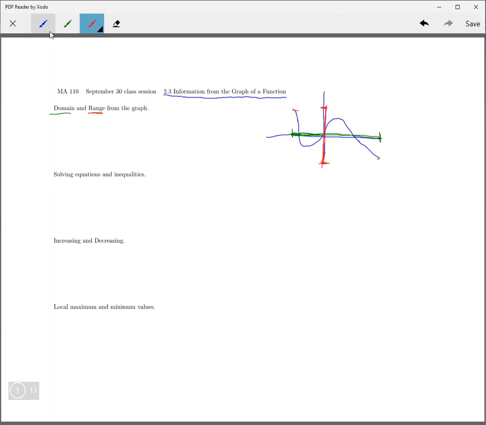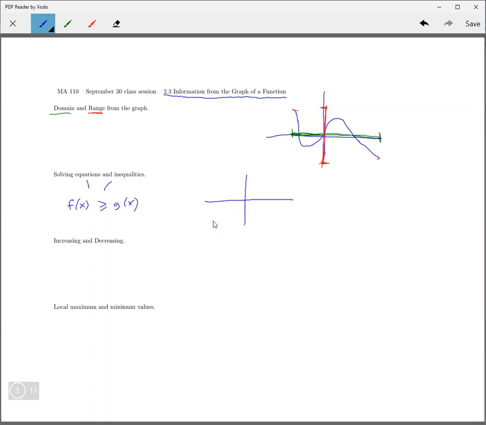You can also solve inequalities. Okay, so that's another thing you can do with a graph. So let's say we're looking for something like this. We're trying to solve f of x is greater than or equal to g of x.